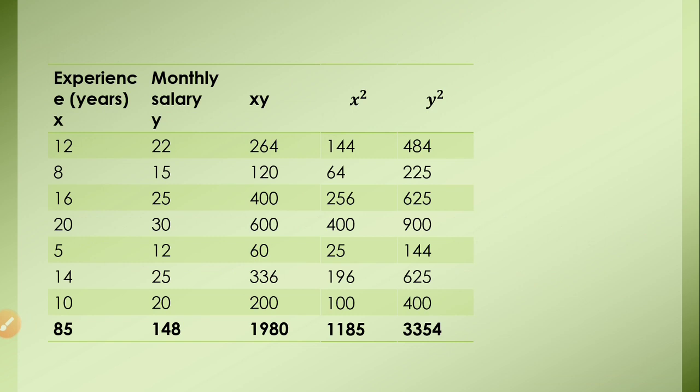You can see x and y are given. First of all, we will find xy. 12 into 22 is 264, 8 into 15 is 120, 16 into 25 is 400, 30 into 20 is 600, 5 into 12 is 60, 14 into 25 is 350, 10 into 20 is 200. The total of xy is 1980.